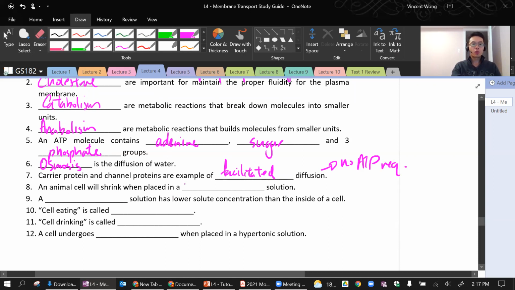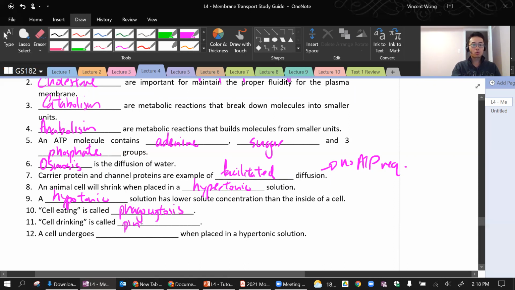An animal cell will shrink when you place it in a hypertonic solution. A solution that has lower solute concentration than the inside of the cell would be hypotonic. Cell eating is phagocytosis.